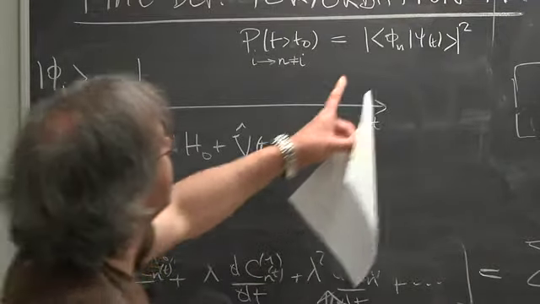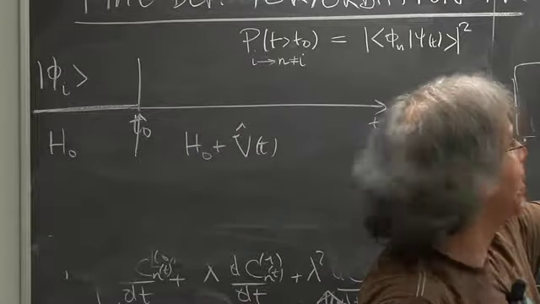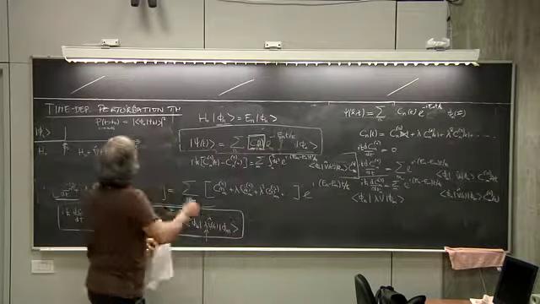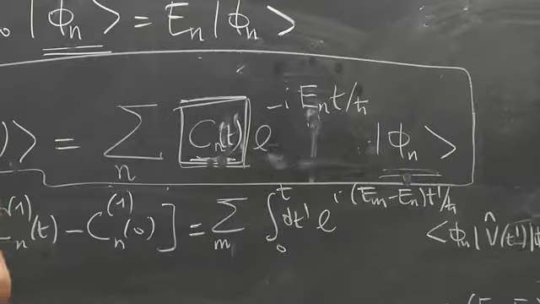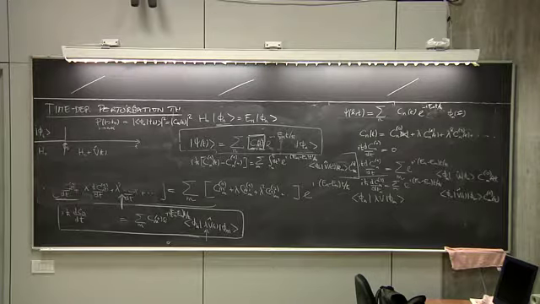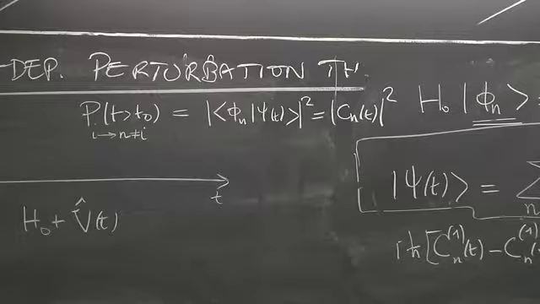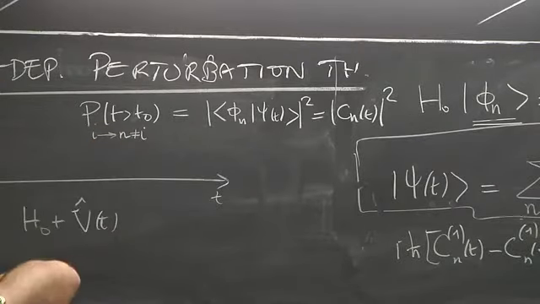Now, what is this? Cn of t squared. The phase doesn't count, you see? So this object here is immediately Cn of t modulus squared. So the meaning of those Cn of t is they are the amplitudes which allow me to calculate probabilities of finding the system in any of the excited eigenstates of the H0 Hamiltonian.